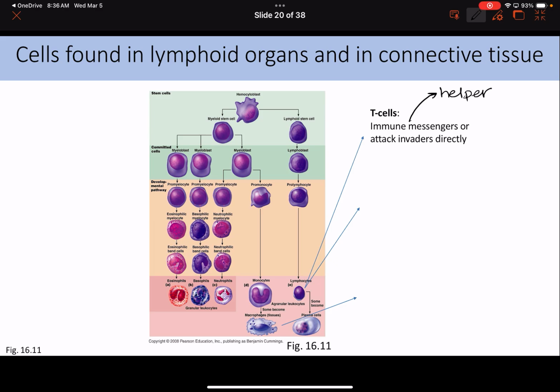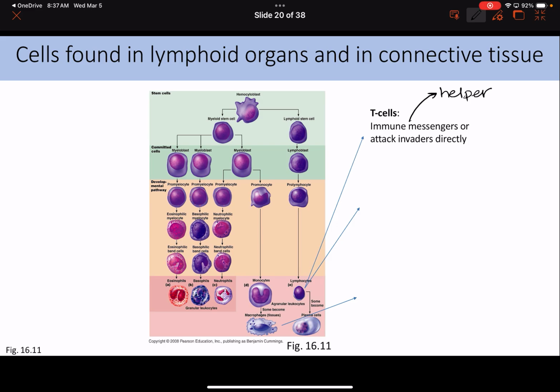Helper T cells help with the activation of the other T cell I'm going to talk to you about, and also B cells. And they also warn other immune cells of invaders. Sometimes they can take a piece of a bacteria or virus and display it on their plasma membrane and say, hey, I found something that doesn't belong, somebody come get it.